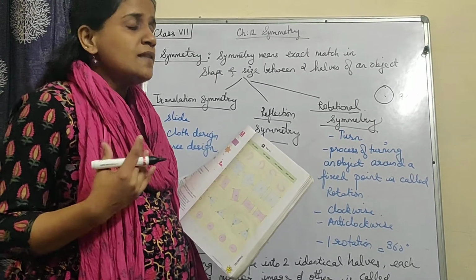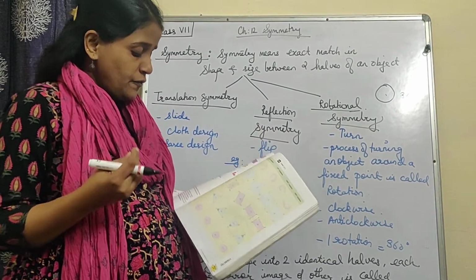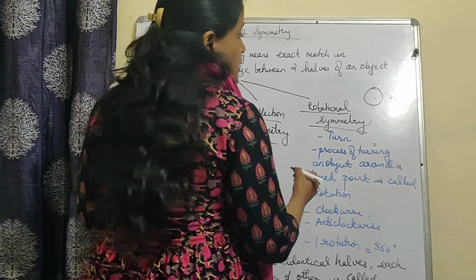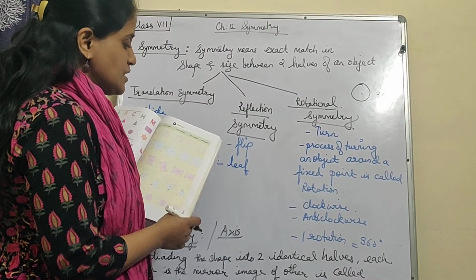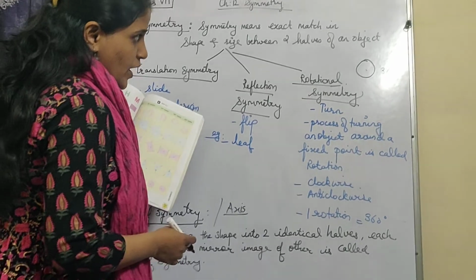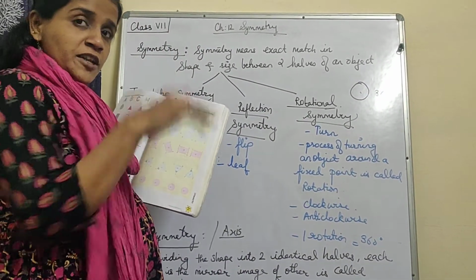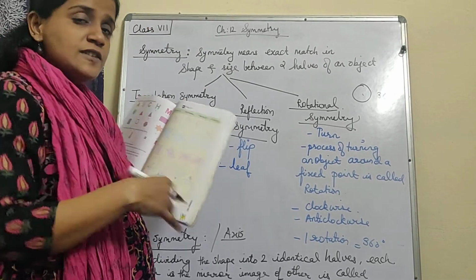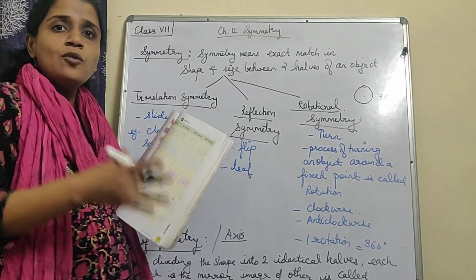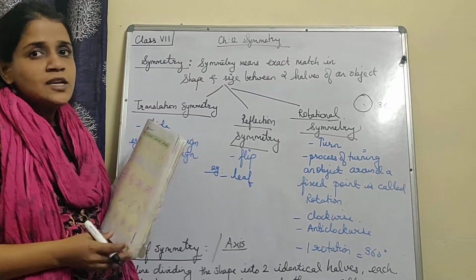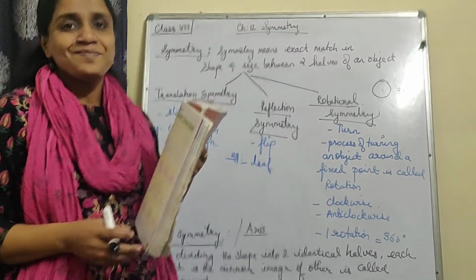So we can say a particular figure has rotational symmetry when we get the original figure before it completes 360 degrees or one full circle. Let's start, children.